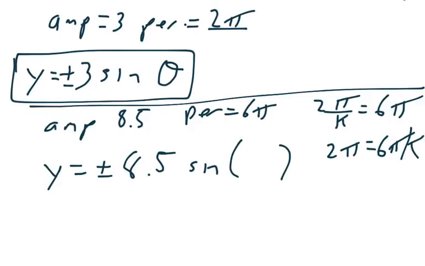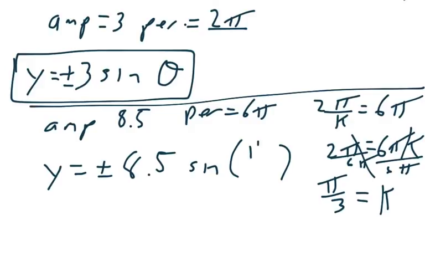Divide both sides by 6 pi. And k equals pi over 3. Not pi over 3. Pi is canceled. 1 over 3. So sine equals 1 over 3 theta.